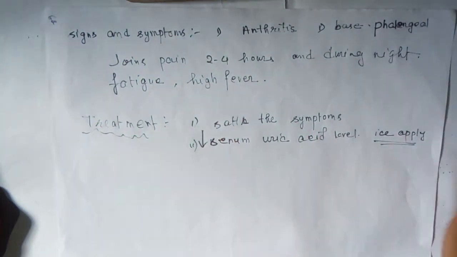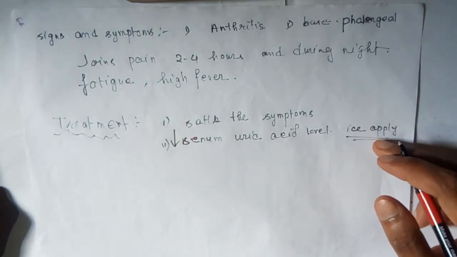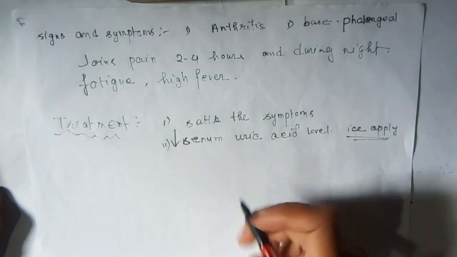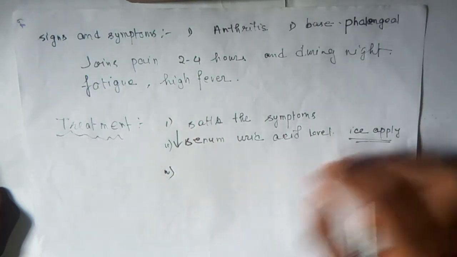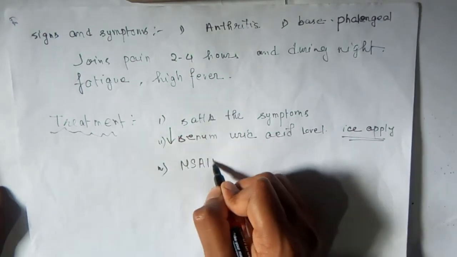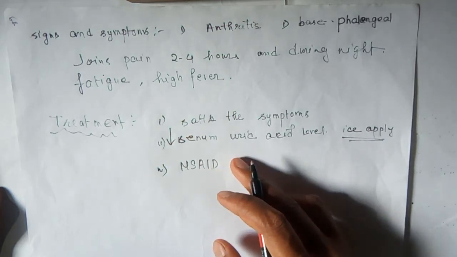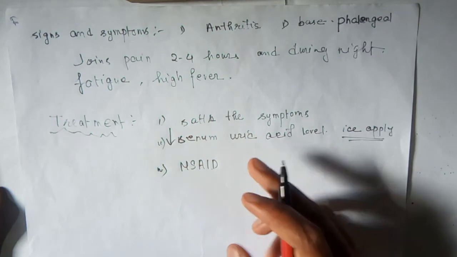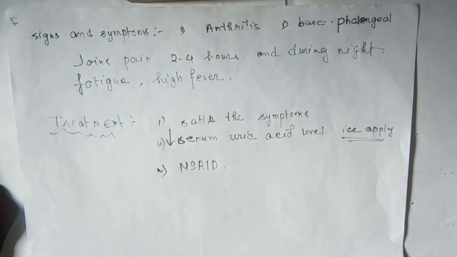Number three, options for acute treatment include non-steroidal anti-inflammatory drugs (NSAIDs). So these are the treatments of gout.